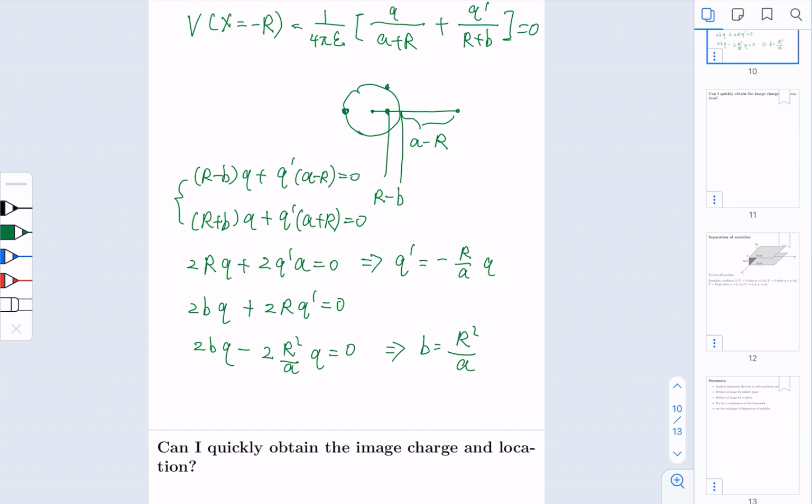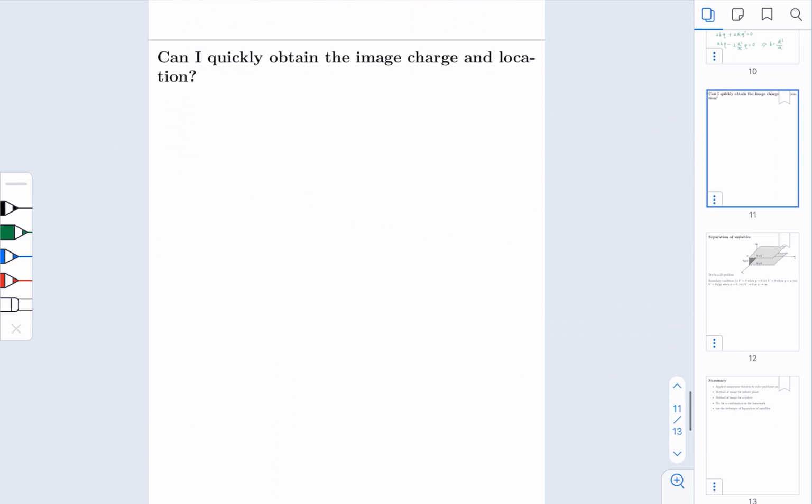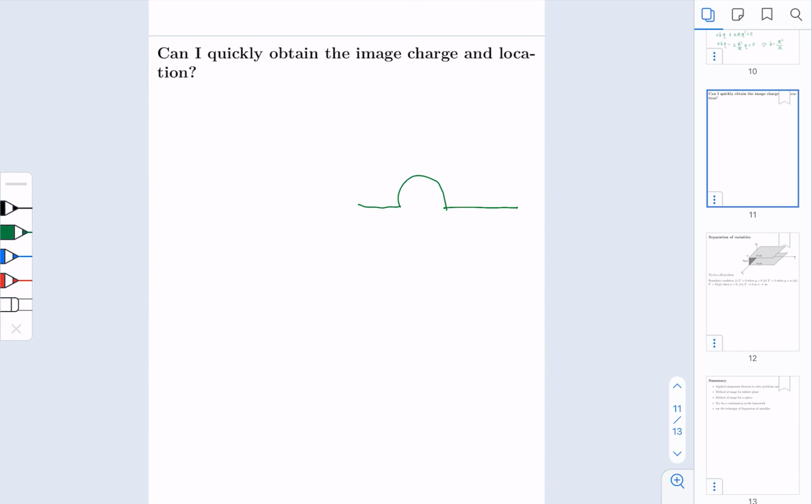Okay, so in the homework you might also see the problem of really combining the effect of the spherical surface and plane surface.